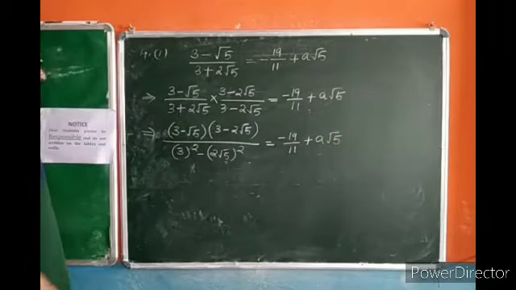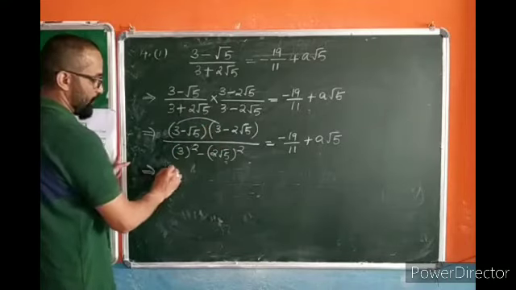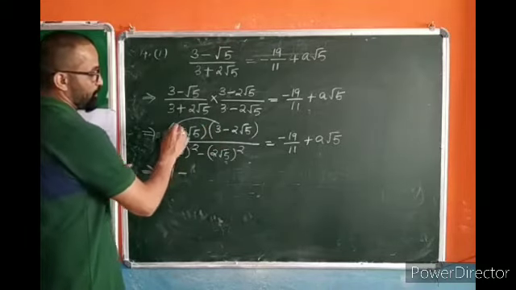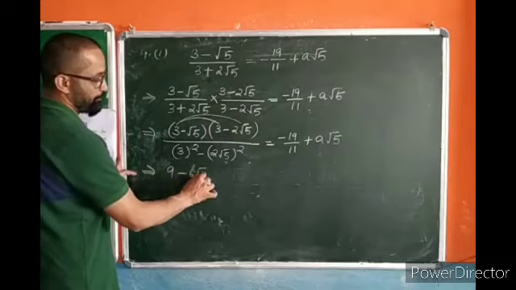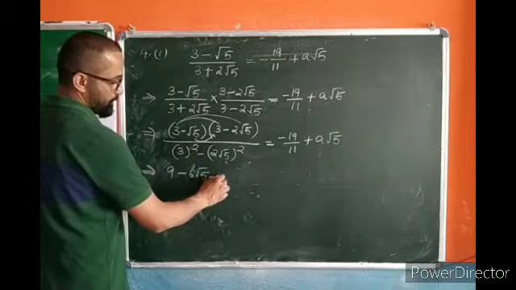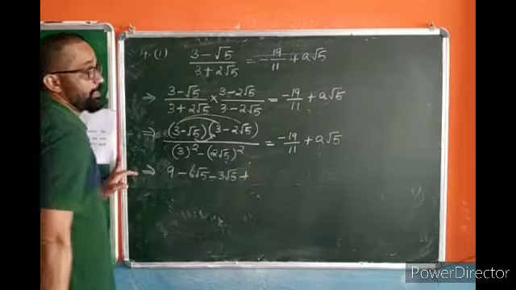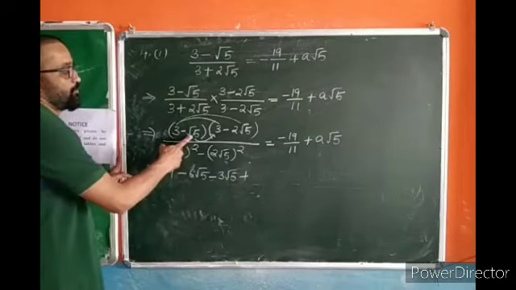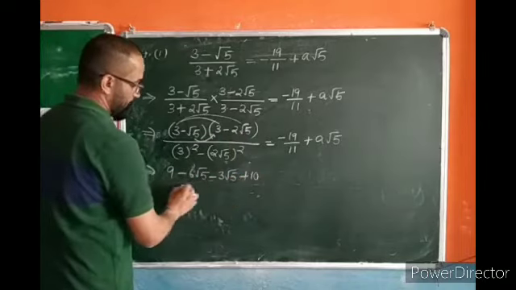Simplify the numerator. Multiplication. 3 multiplies 3 is 9, minus 3 multiplies 2 root 5, it is 6 root 5. Again second multiplication here: minus root 5 times 3 is minus 3 root 5. Minus multiplies minus is plus, root 5 times root 5 is 5, 5 into 2 is 10.